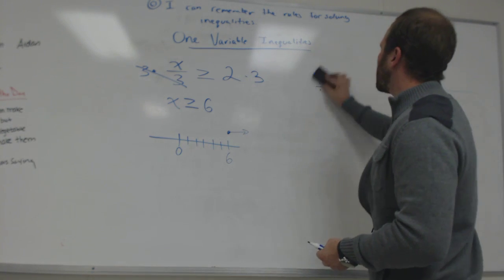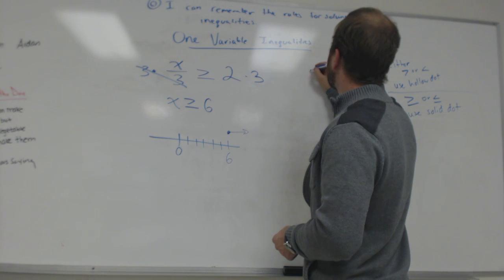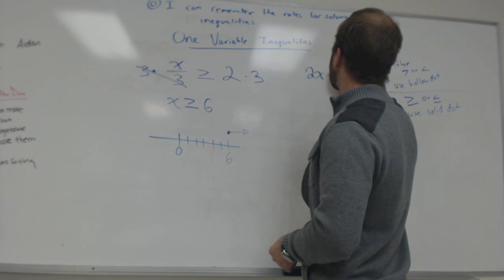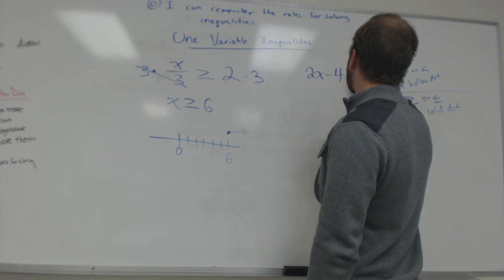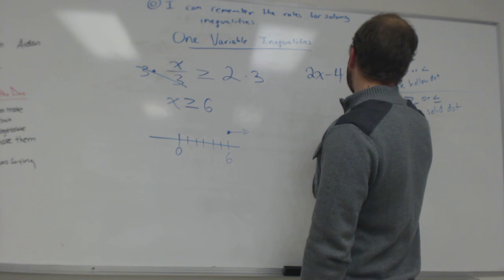Let's do another one like that. Let's do one that's more than one step. 2x minus 4 is less than or equal to negative 2.